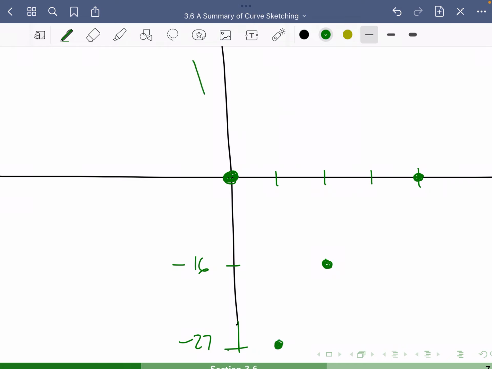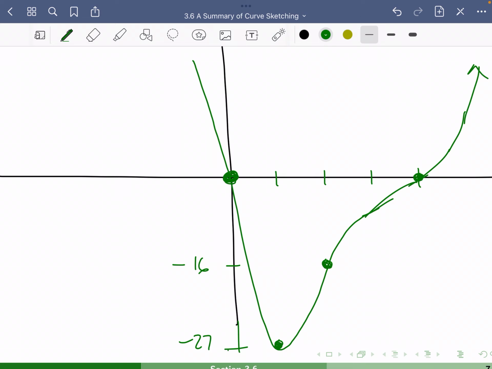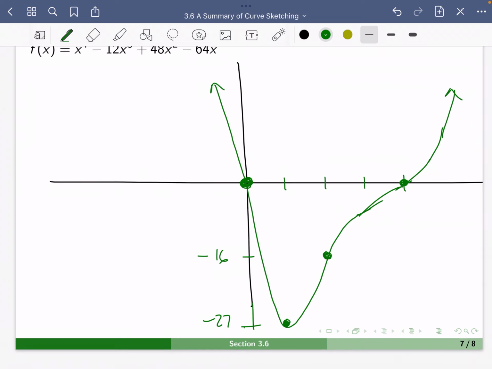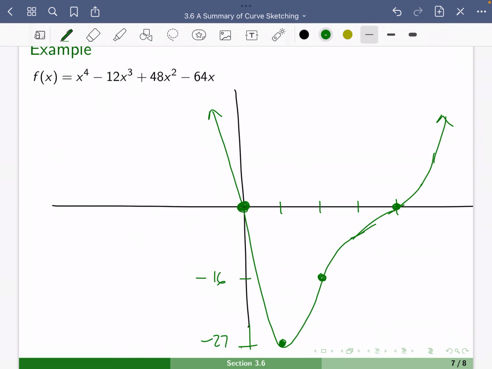And our graph looks like something like that. It's concave up all the way to here.